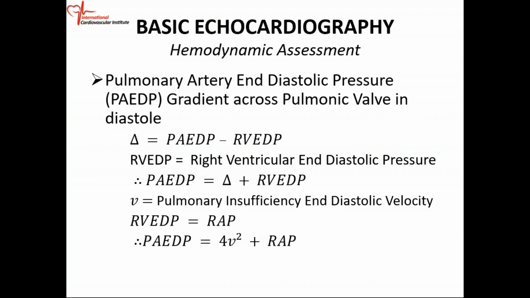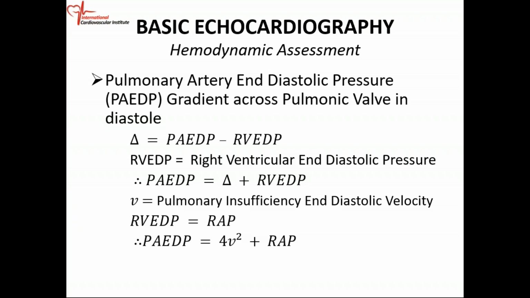So again, just try and have a clear understanding. Don't try and it's simple. Okay, it is simple. So don't try and think in terms of something complex. When you have pulmonic insufficiency, you have blood flowing from the pulmonary trunk across the pulmonic valve into the right ventricular outflow tract.